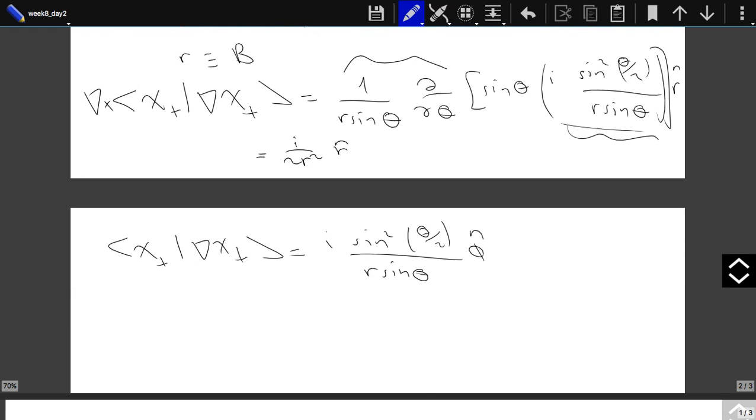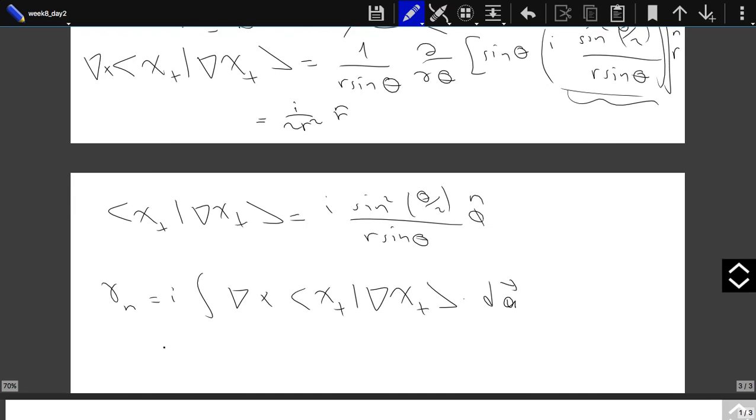Now, the nice thing is we know that gamma n is i times the curl of the matrix element of the gradient with respect to my parameters, integrated over the area. This is equal to minus 1 over 2. Well, this integral is nothing but 1 over r squared. This curl is 1 over r squared in the r hat direction, dot dA.